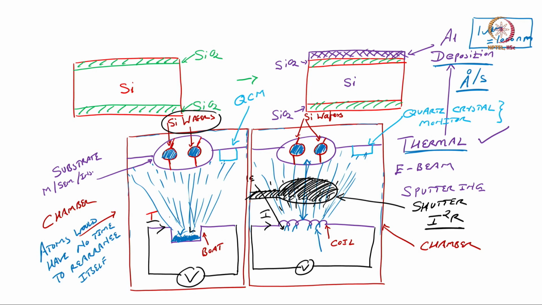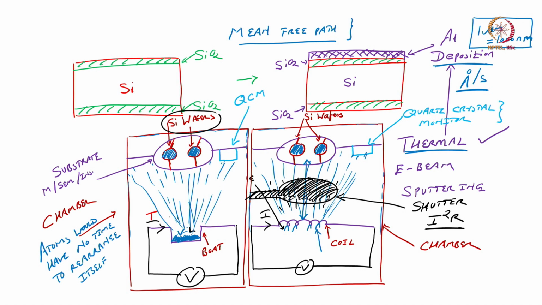Now, the next thing is something called mean free path. We need to have this mean free path high, so that when the material which is melted evaporates, it will not collide with the molecules present in the atmosphere.